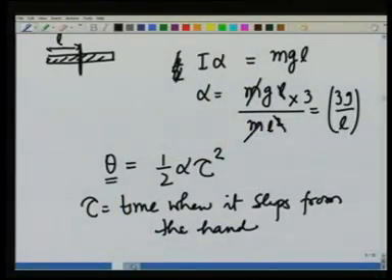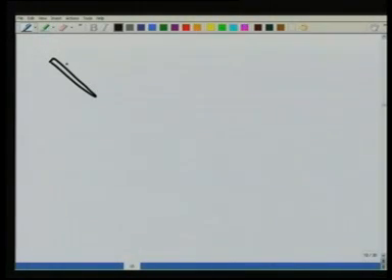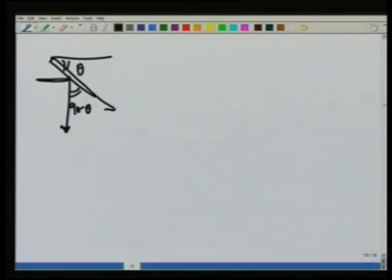We know from mechanics that if a body is at an angle such that this is theta, this is mg, this is 90 minus theta. This force would be mg sin theta, this force component would be mg cosine theta.